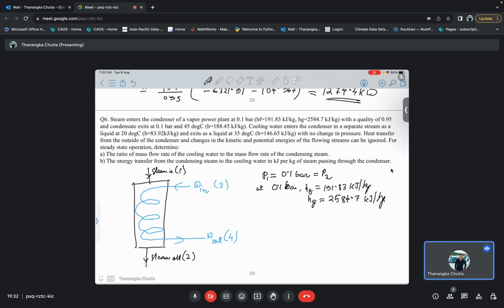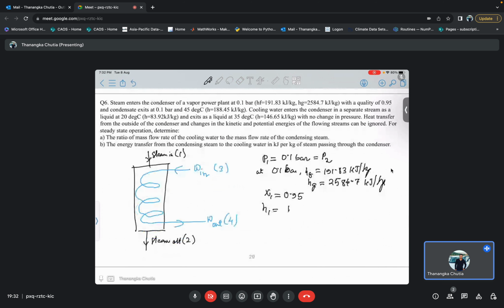Okay, and x1, that is the steam quality, is 0.95. So at this point we can calculate H1, which is nothing but Hf at P1 plus x1 times (Hg at P1 minus Hf at P1). Okay, what is Hf at P1?